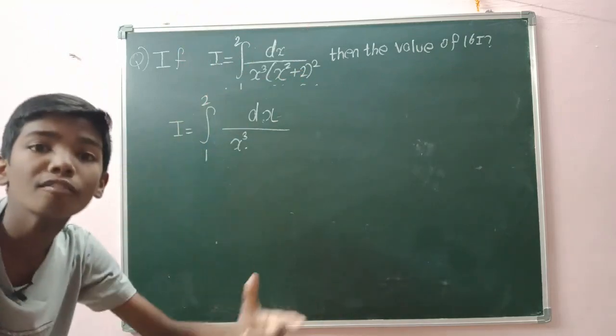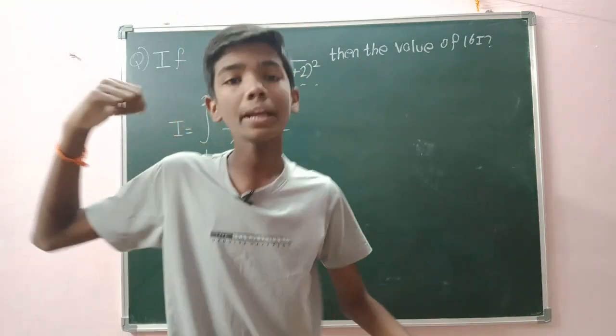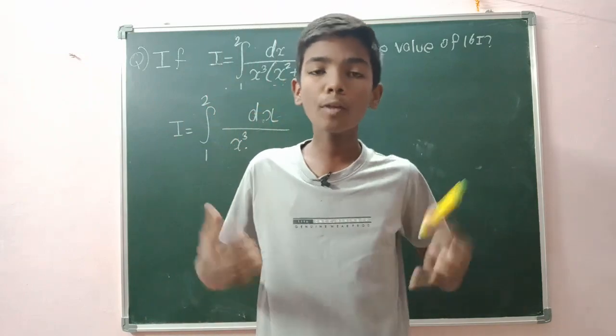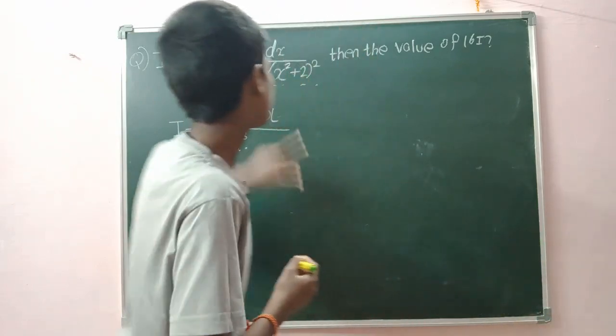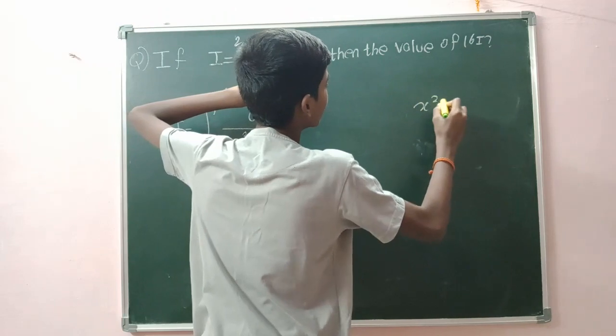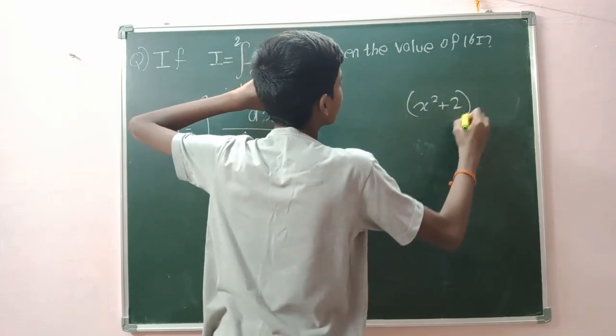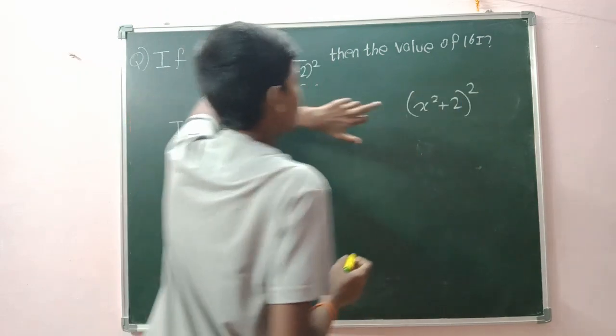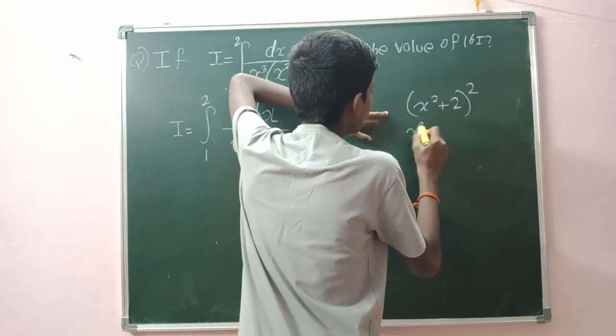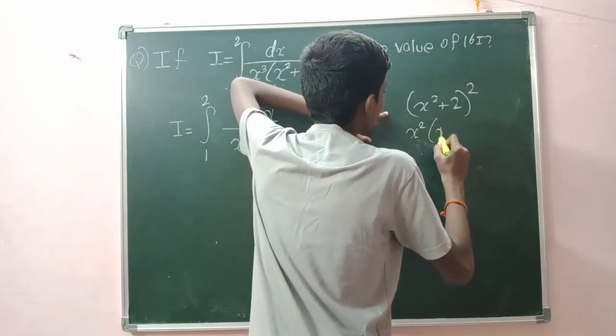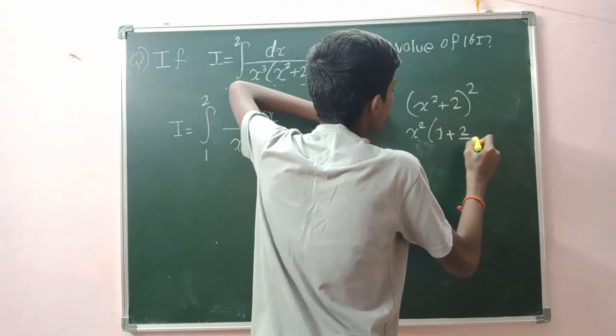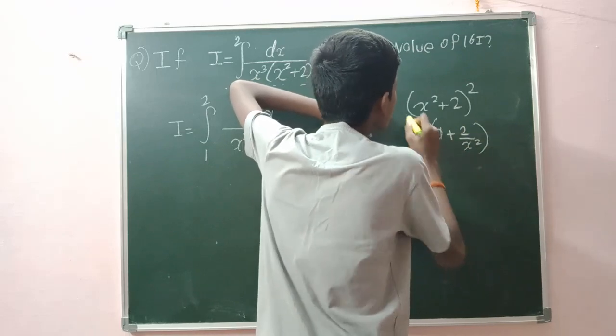I hope you can understand what I am trying to say here. If I take x square common from this expression, I will get x square into 1 plus 2 by x square, then the whole square.